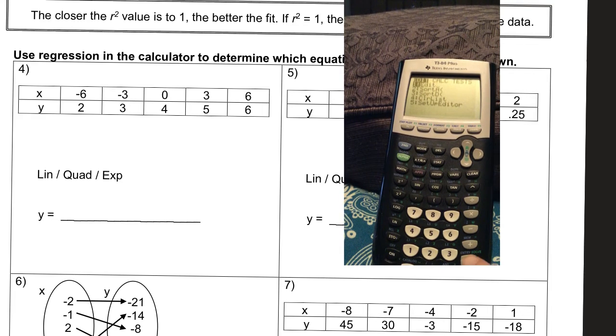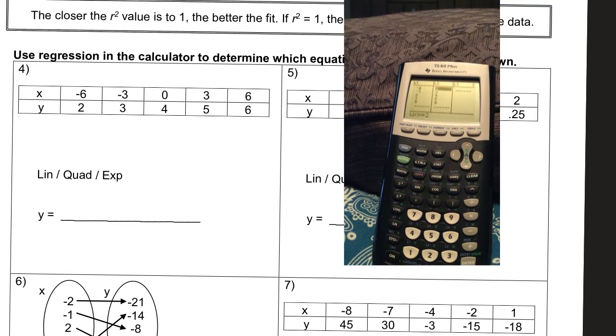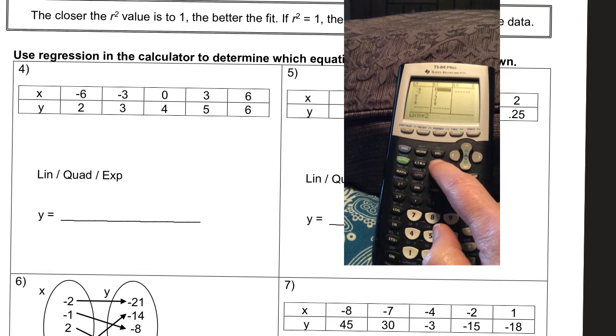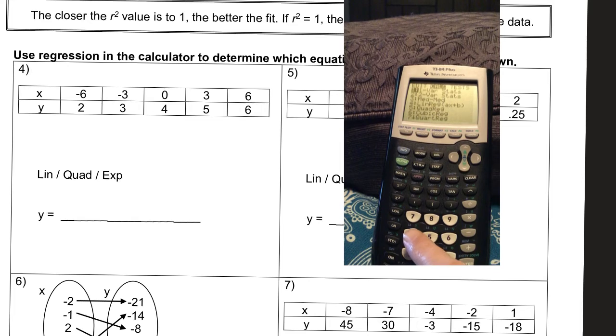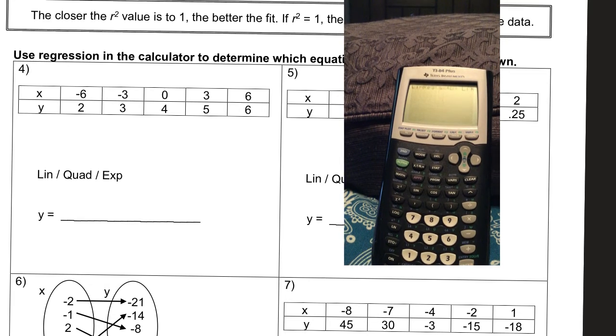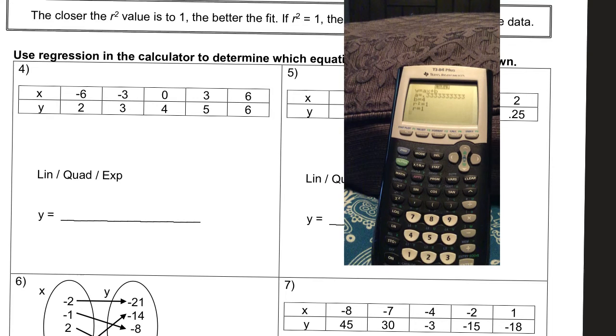Enter the numbers into the table, L1 for x's and L2 for y's. You'll go to Stat, Calc, and number 4. This is our linear regression. Notice here that we have a equals 0.333, so that would be 1/3 times x plus 4.